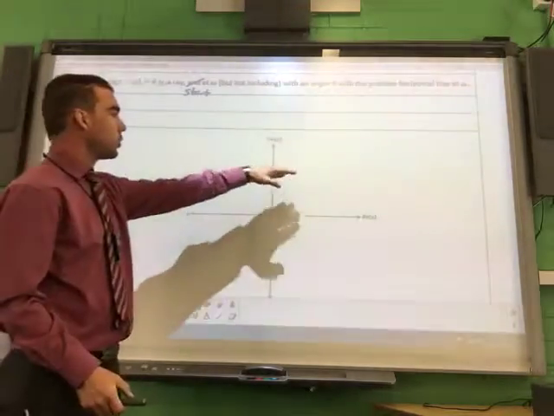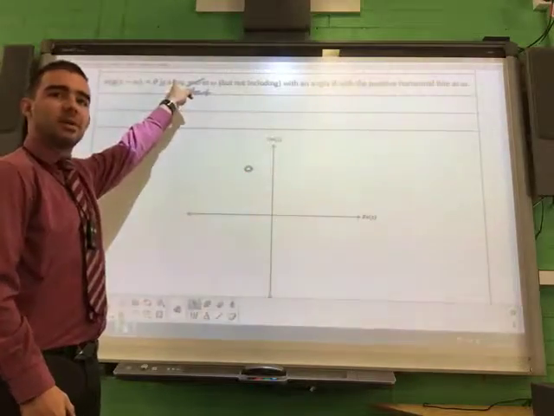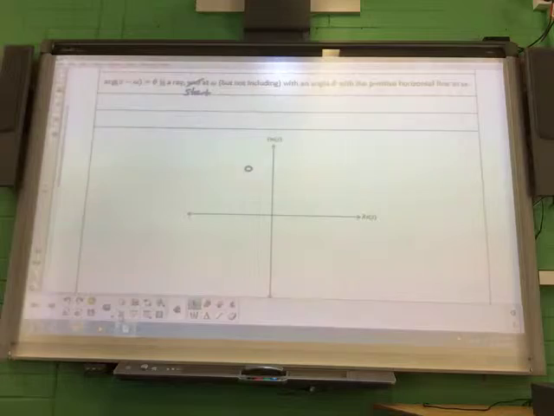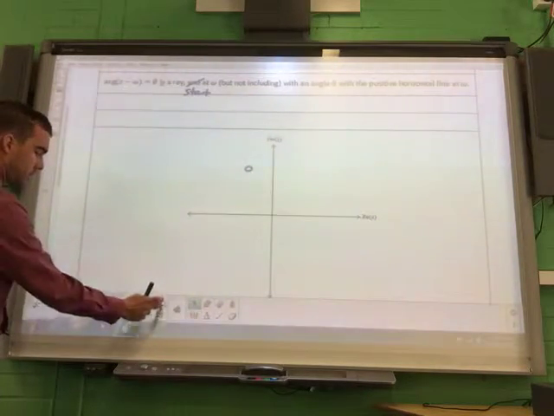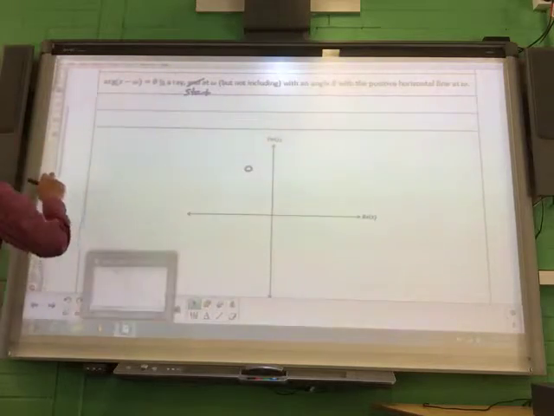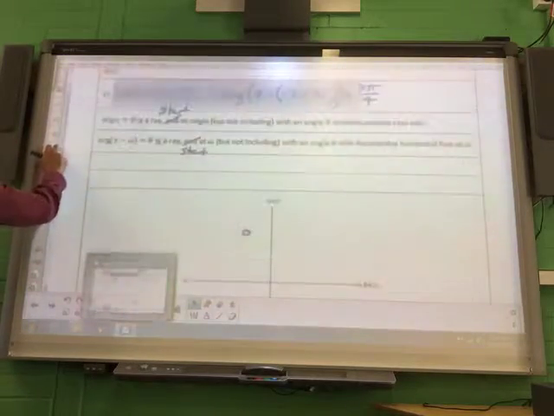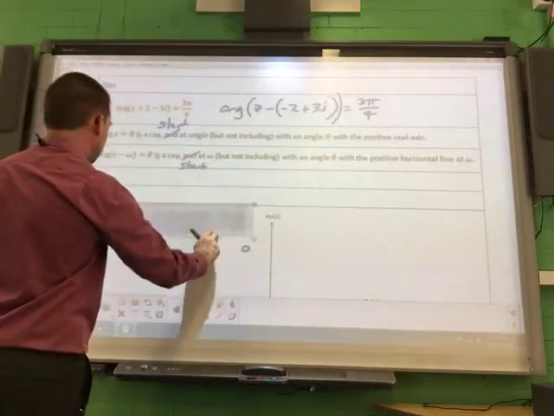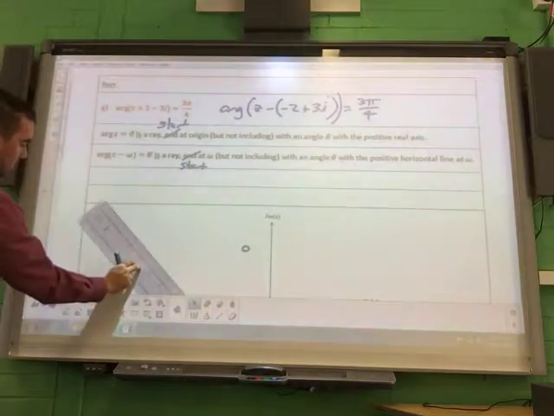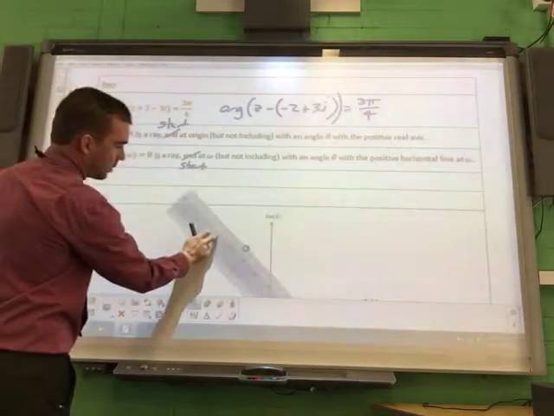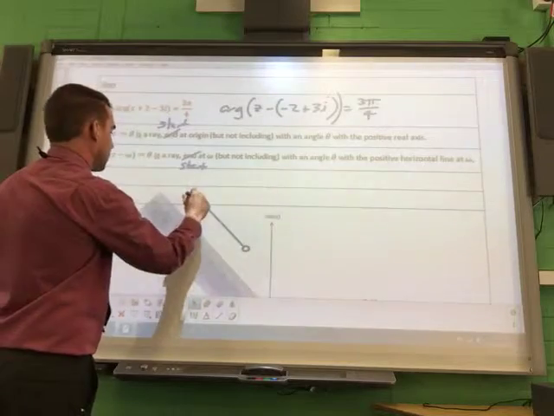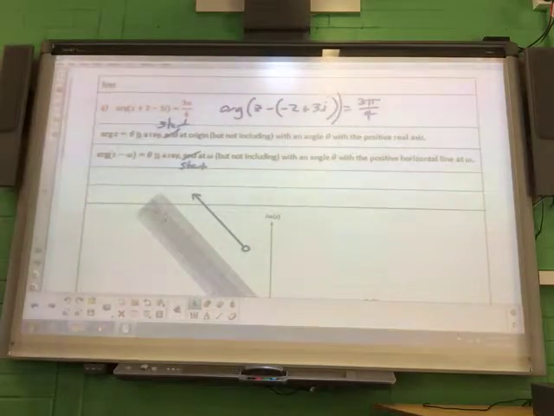So 135, so we're going to go 3 pi on 4, or 135, off in this direction for the ray. Okay, and that's Locus C.